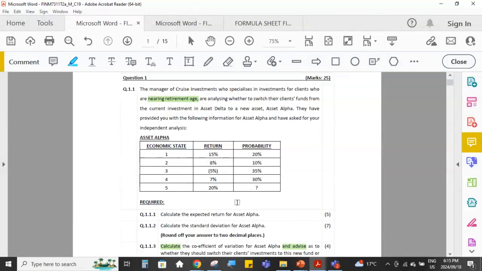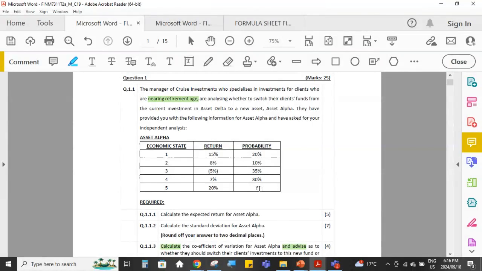So in other words, we're saying for this asset alpha, the returns on the asset could be 5 different outcomes depending on the economic state, and we have been able to assign a percentage probability to each of those economic states. So we can use this information to calculate what is kind of like a weighted average return of all of these 5 different probabilities.